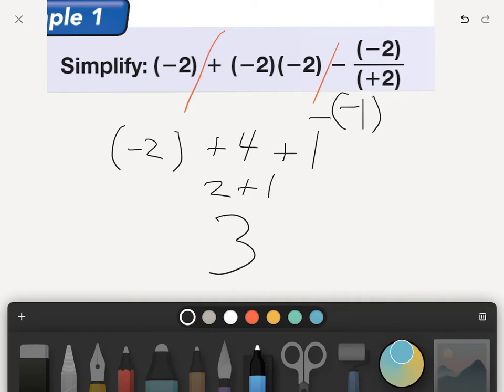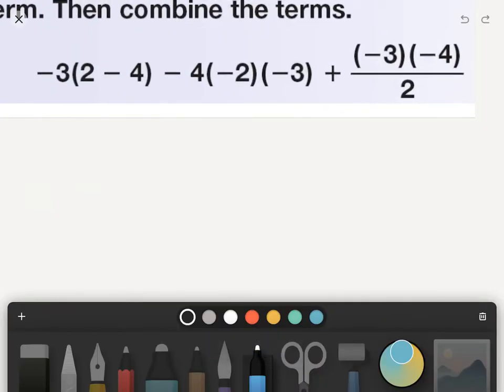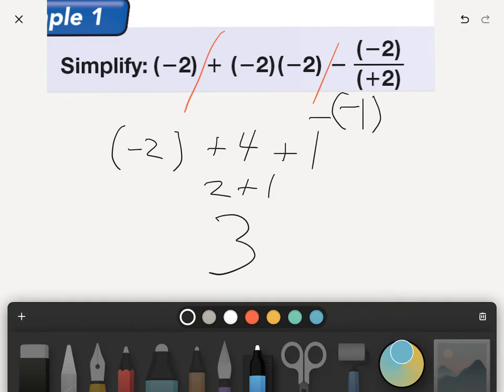Hope I'm not rushing along too fast. No. Okay, so if you got 1, did you combine a value of -2 with positive 4 to get positive 2?